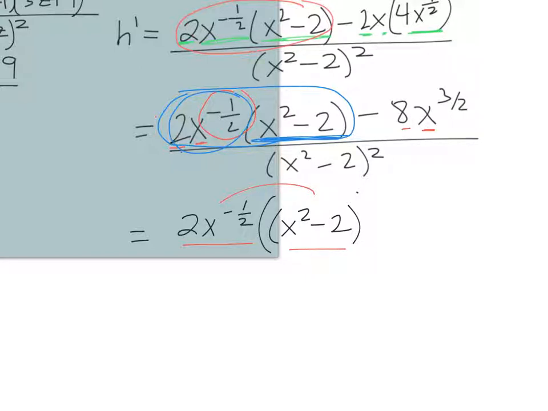This in the blue, what I have circled in the blue here, is one term. So if I multiply 2x to the negative 1/2 by x squared minus 2, I will get 2x to the negative 1/2 times x squared minus 2. So I have it there right away. Then I think, what do I need to multiply 2x to the negative 1/2 by to get 8x to the 3/2?